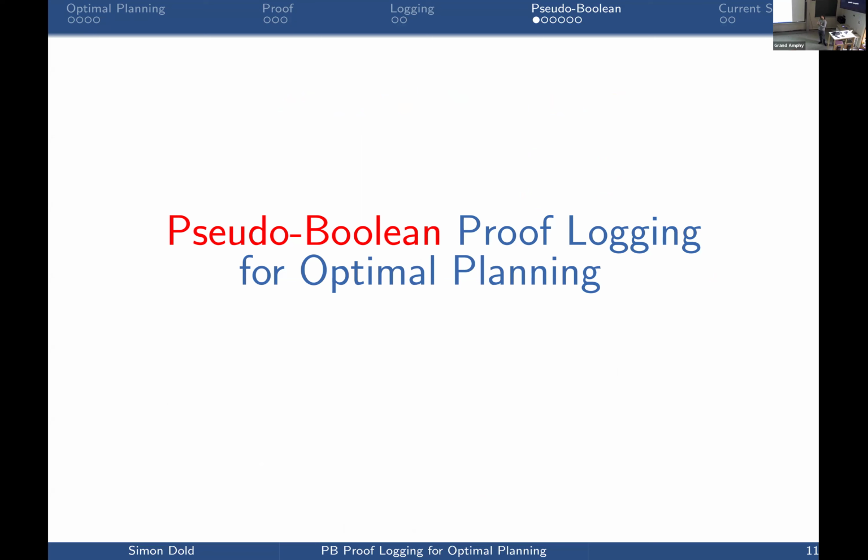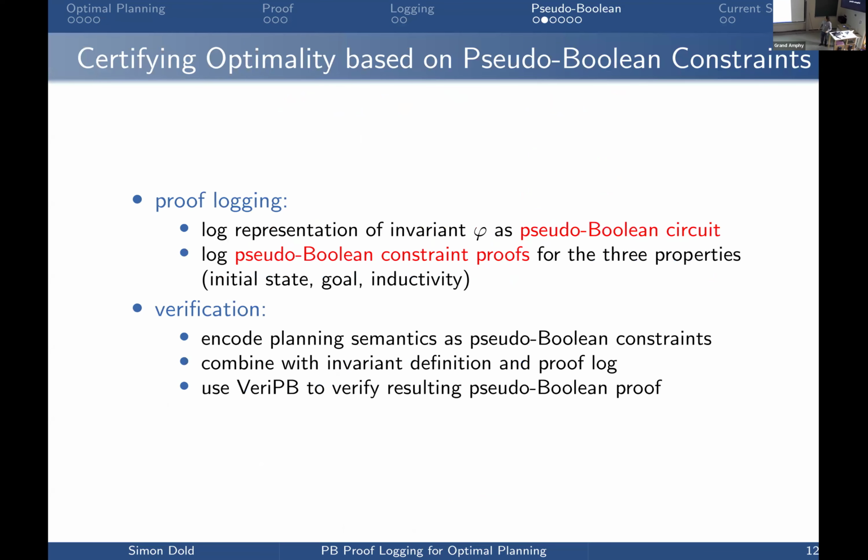So that was the idea of the proofs and how we generate those proofs on the way while executing the algorithm. And now we're coming to the pseudo-Boolean part. For that, we do a representation of this final invariant by a pseudo-Boolean circuit.